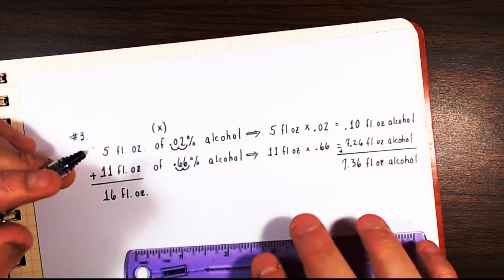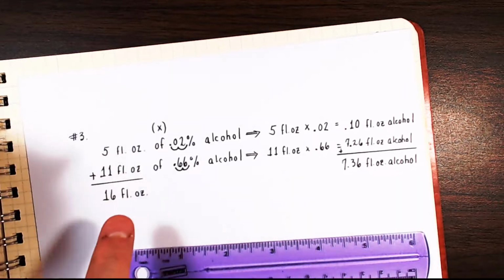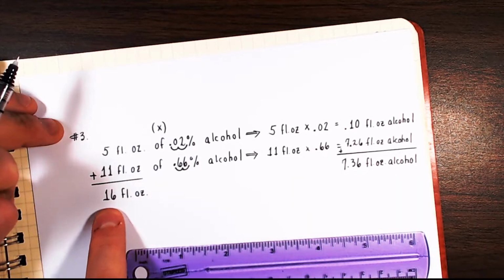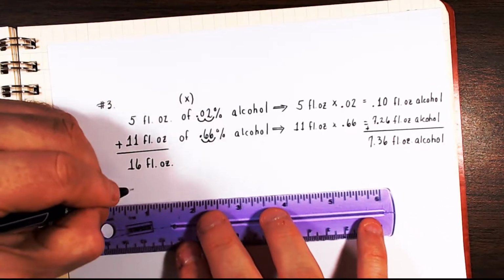So in order to find out what 7.36 fluid ounces of alcohol represents as a percent of the total amount of liquid, we set up a division.